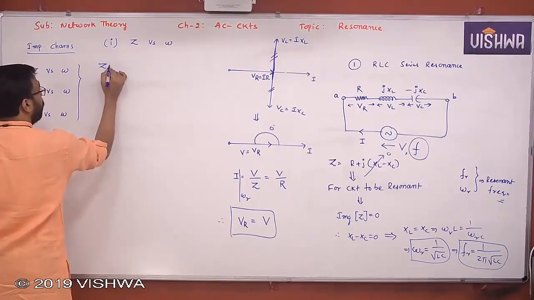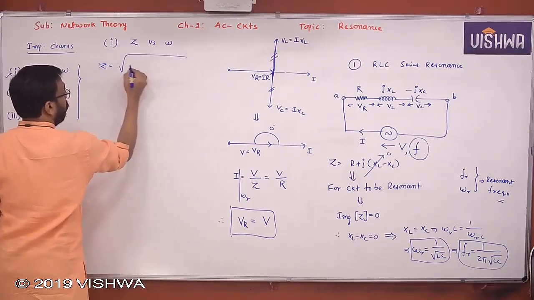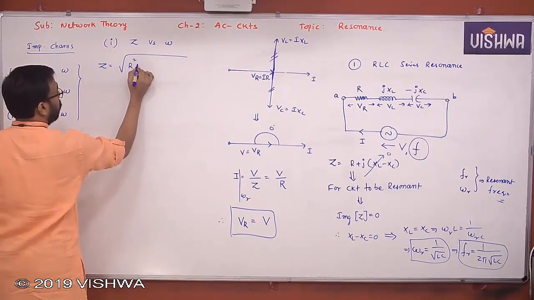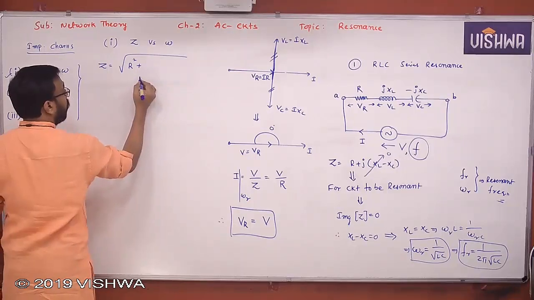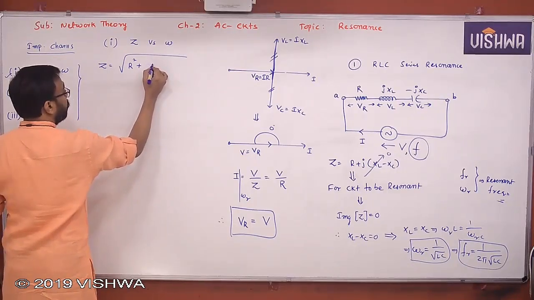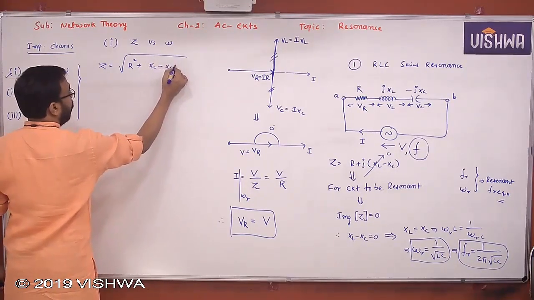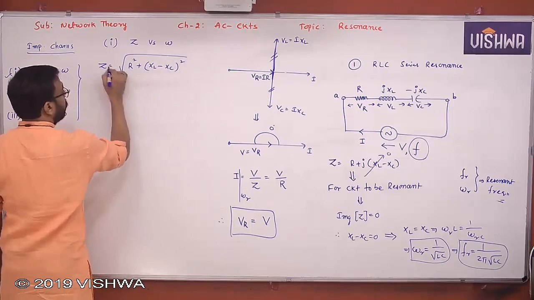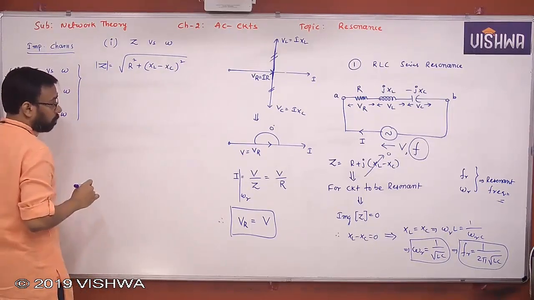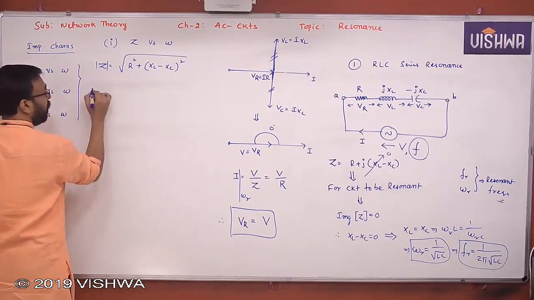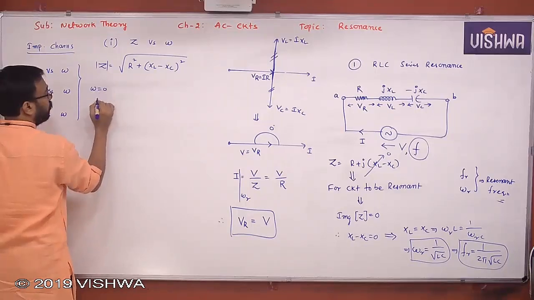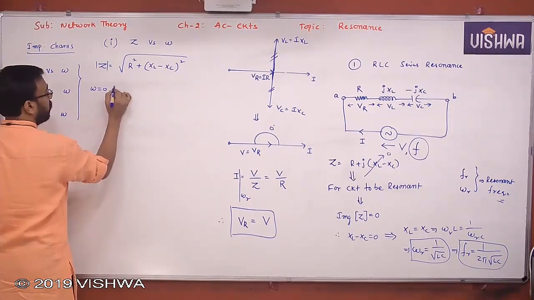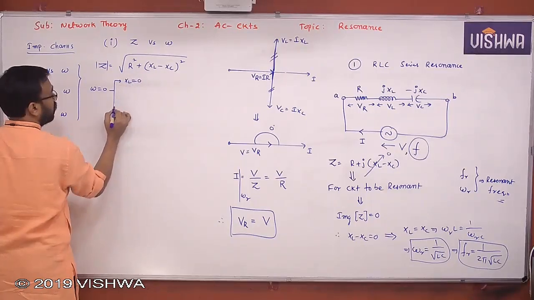We know that impedance is root of R square plus XL minus XC whole square. Yes or no, all of you? Okay. When the frequency is 0, you know that XL is 0, right?